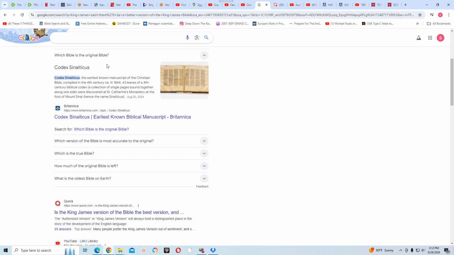So he's saying, even though we had these 47 scholars from 1604 to 1611, he said this is together, but somebody got to go deeper. That's what King James made that statement. So keep that in mind.